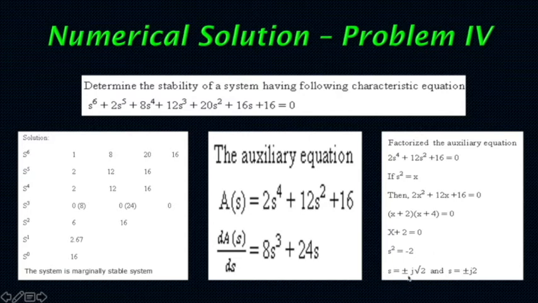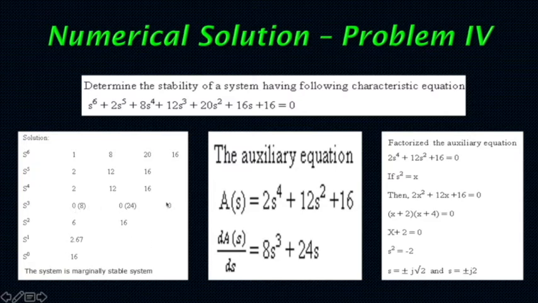That means s equals plus or minus j root 2. Another, s equals plus or minus j2. That means equal and opposite conjugate poles are present on the imaginary axis. That means the system is a marginally stable system.